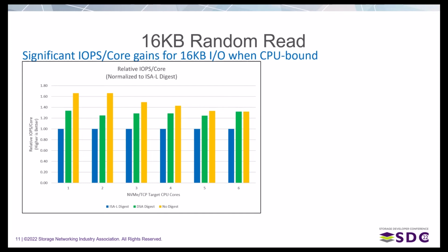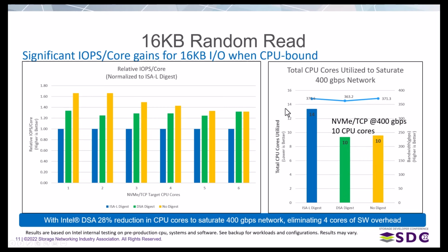And as a matter of fact, when we measured the number of CPU cores that it took to saturate that 400 gigabit per second network for this workload, we observed that with DSA, it took just 10 cores to saturate the 400 gig network when we offloaded that CRC32 calculation to DSA.